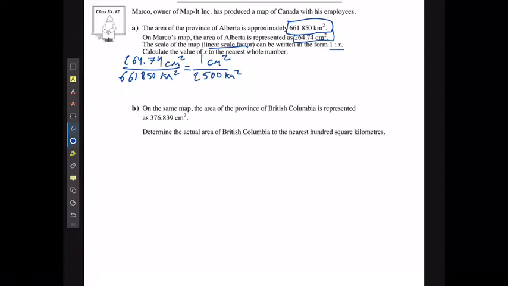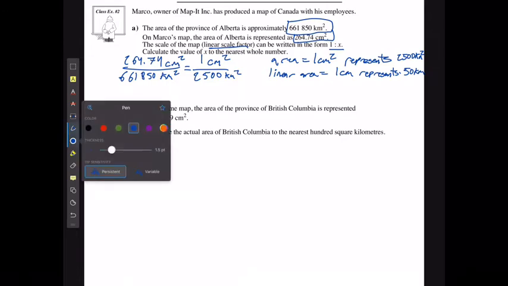We can say that if the area is 1 centimeter squared, it represents 2,500 kilometers squared, then the linear scale is going to be 1 centimeter represents the square root of this, which is 50 kilometers.